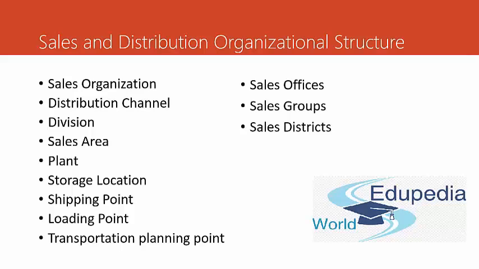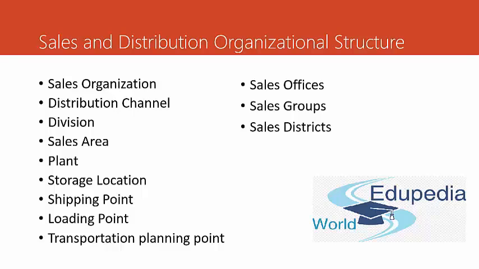Now we will take a closer look at the SAP ERP Sales and Distribution organizational structure. We can use sales organization to replicate the selling entity into the SAP system. We can use distribution channels to represent various channels being used by the enterprise to distribute goods to market.